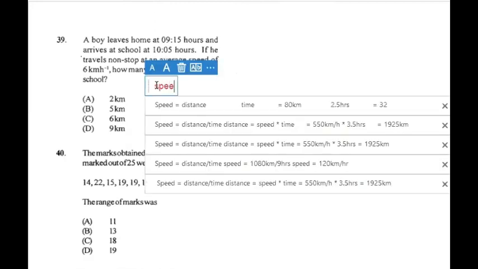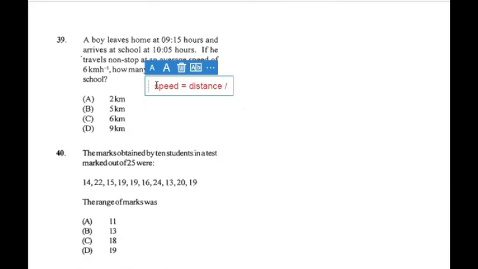So 39, a boy leaves home at 9:15 and arrives at school at 10:05. If he travels non-stop at an average speed of 6 kilometers per hour, how many kilometers is his home from school? So we're trying to find distance here. The speed is equal to distance divided by time.